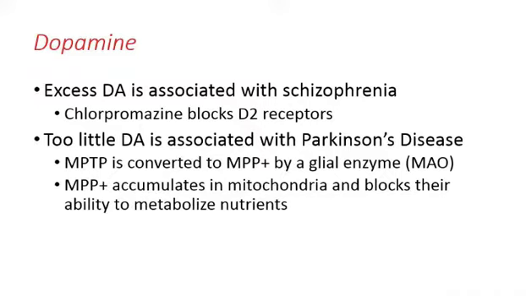And then the MPP+ accumulated in the mitochondria and blocked the mitochondria's ability to metabolize the nutrients. And so instantly the people were made into Parkinson's patients. Remarkably, they were able to be treated with anti-Parkinson's medication like L-Dopa. It restored their ability to move for a period of time.